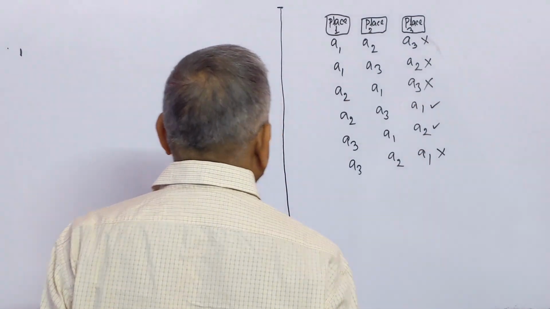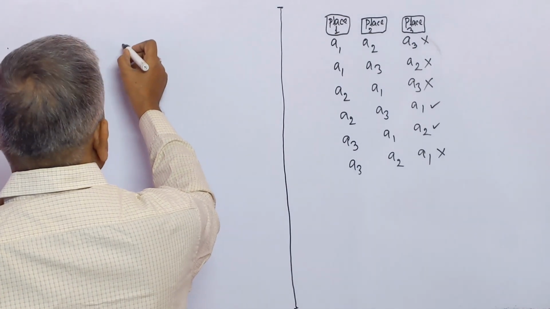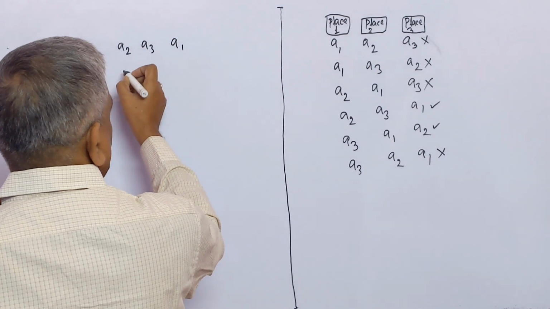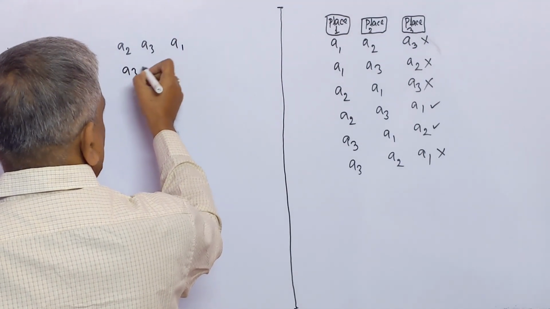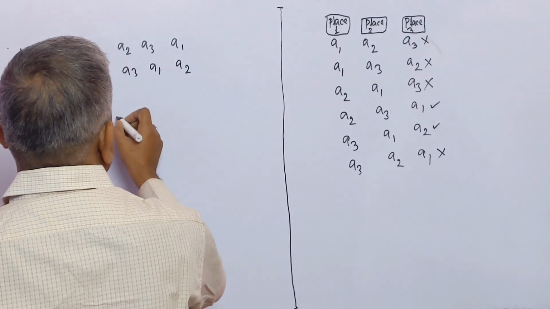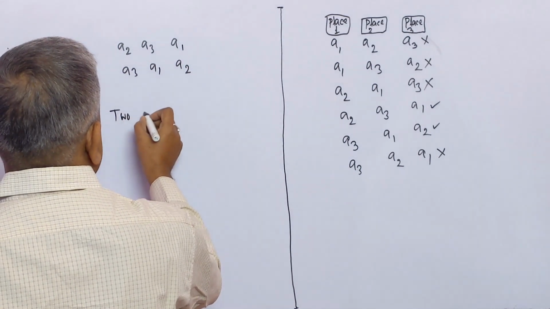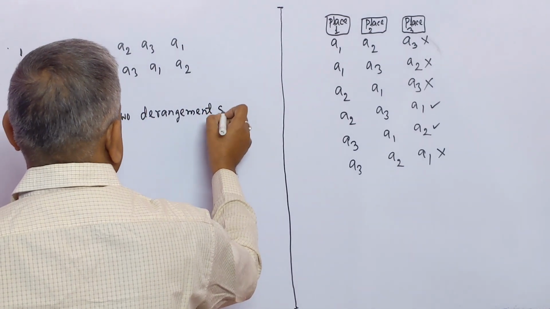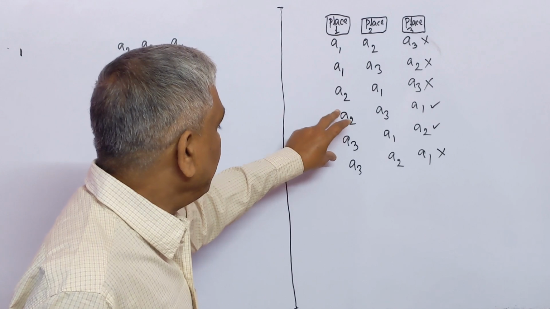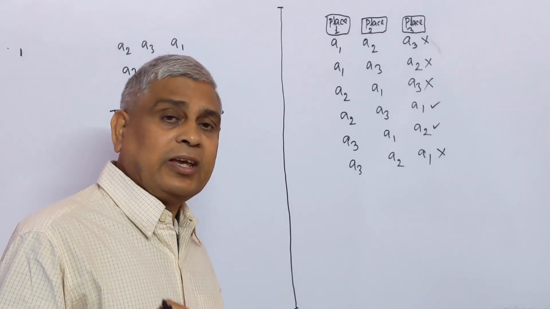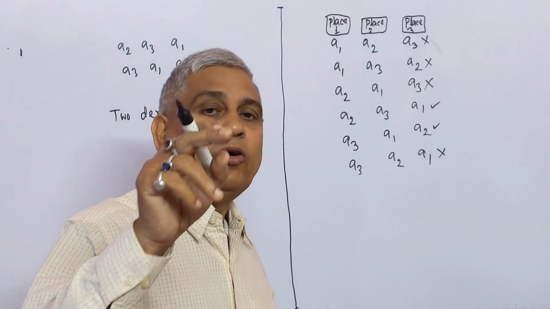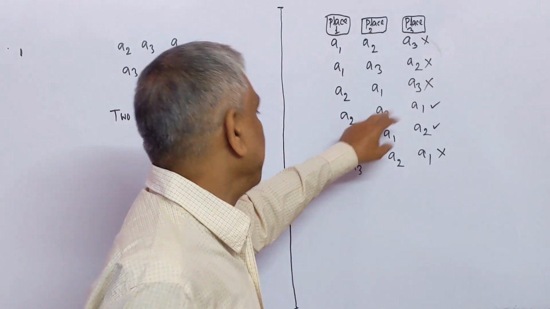So we get the derangements A2, A3, A1 and A3, A1, A2. Here we see that a derangement is a permutation in which no object is in its original position or place.